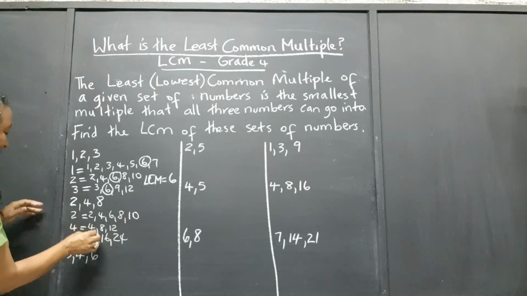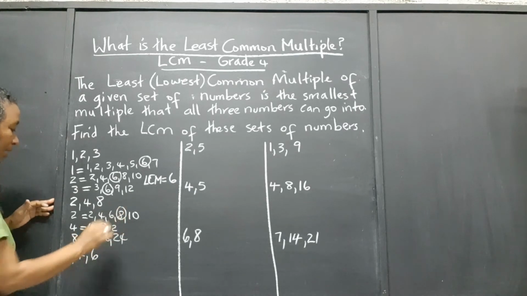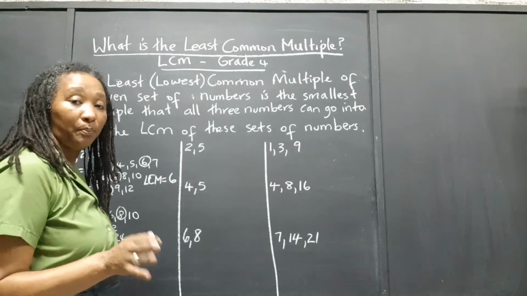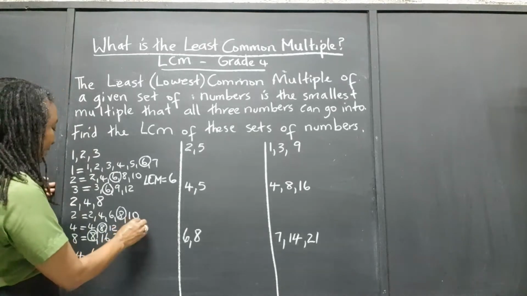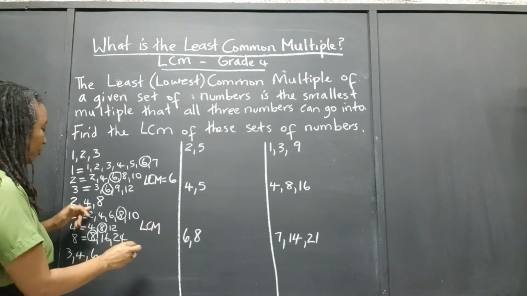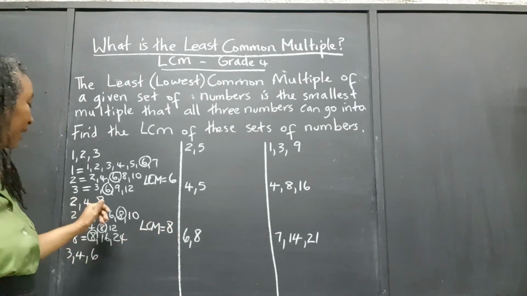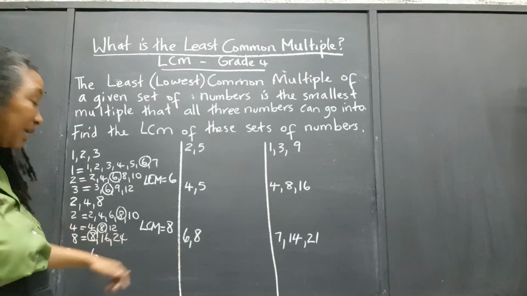So already I'm seeing the 8 popping up in all three. It's the first common one that pops up in all three. So we would say the least common multiple for 2, 4, and 8 is 8. 2, 4, and 8 can all divide into 8.